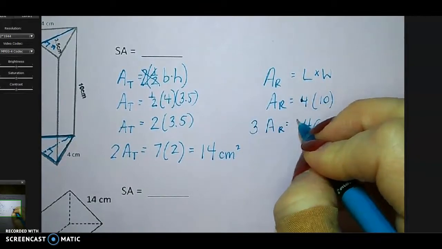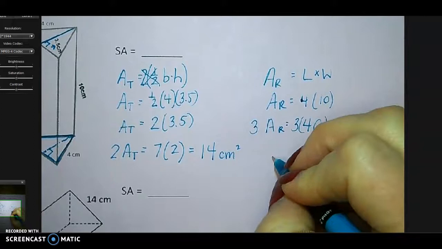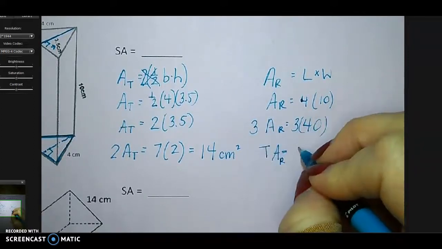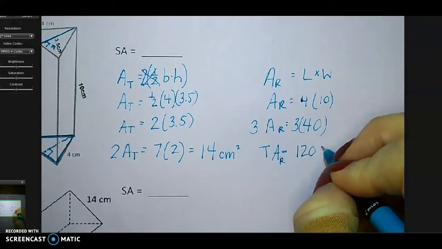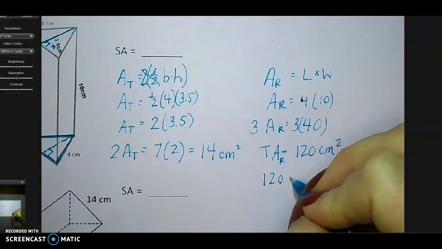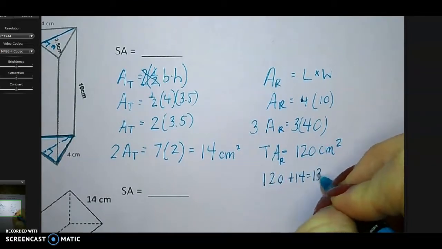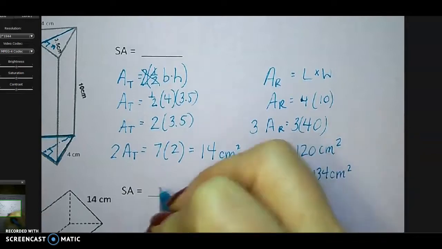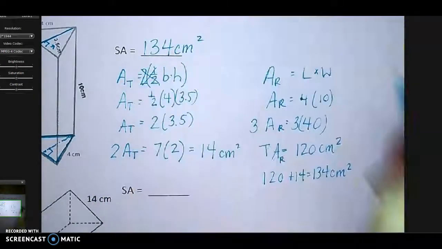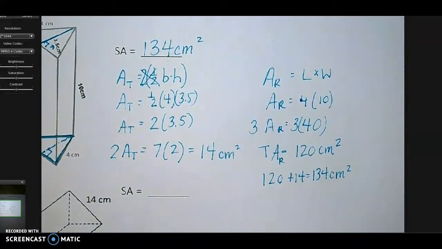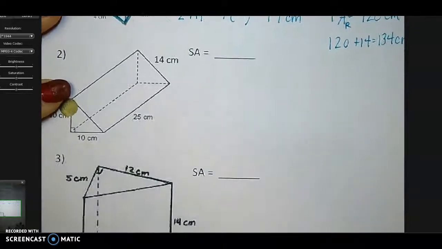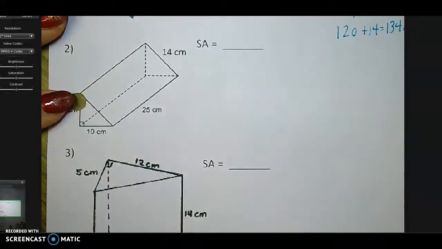So I'm going to multiply this times 3 so that my total area for my rectangles equals 120. And then I would need to add those together, so I get 120 plus 14, which is 134 centimeters squared. And that is indeed our surface area. And now we're going to move down to our next shape here.